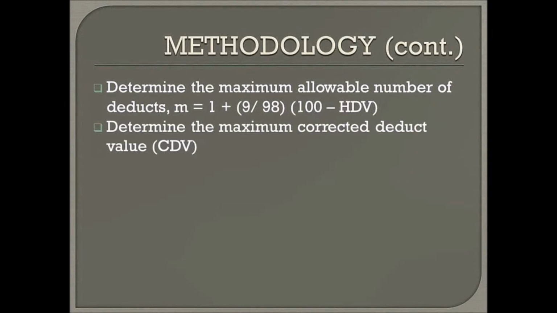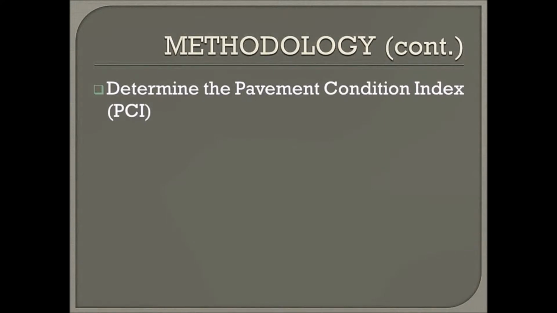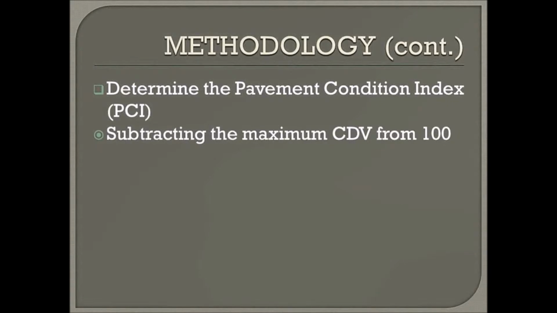Fourthly, determine the maximum corrected deduct value CDV. Determine the CDV from q and the total deduct value by looking up the appropriate correction curve below. Lastly, determine the pavement condition index PCI. Calculate the PCI by subtracting the maximum CDV from 100.